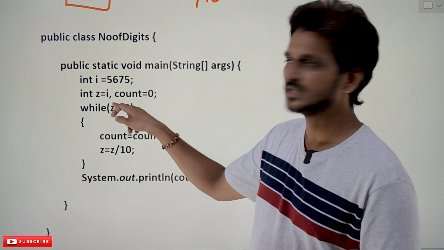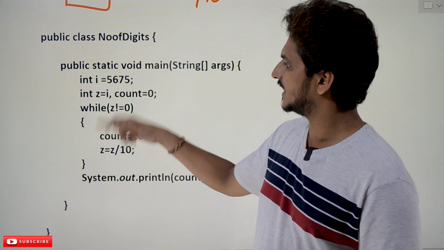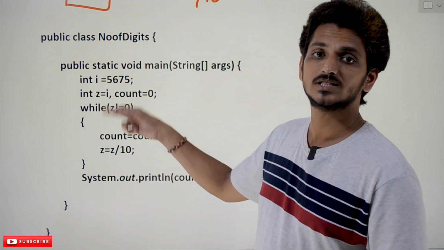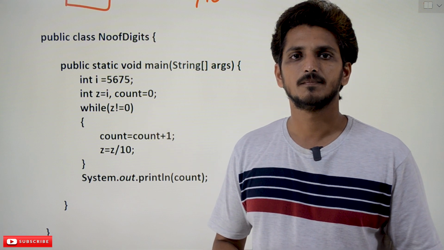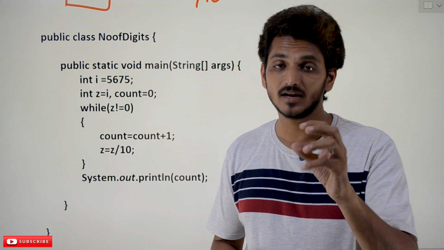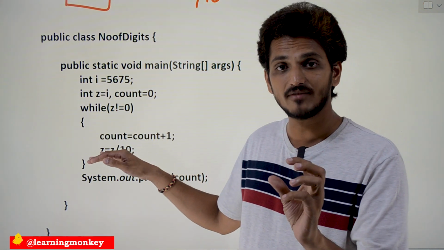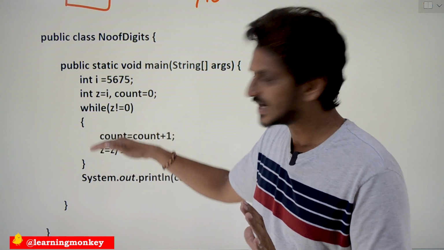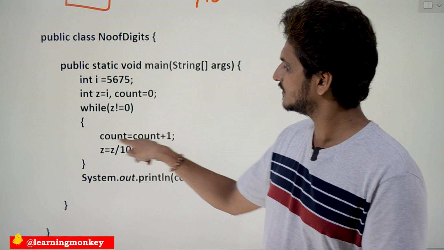Next time the z value is 567, next time 56, next time 5, next time 0. So if z has 4 digits, we go inside the loop 4 times. If z has 5 digits, we go inside the loop 5 times. Each time we enter the loop, increment the count value.